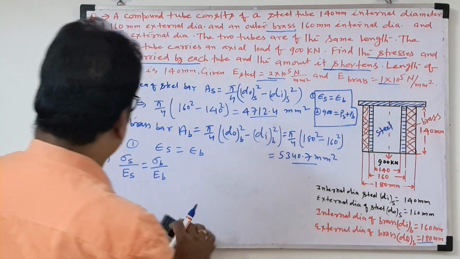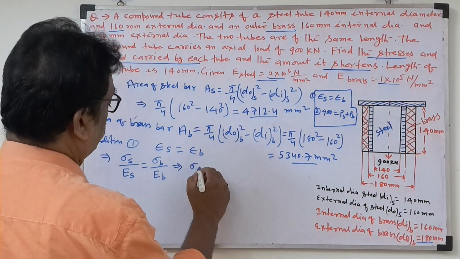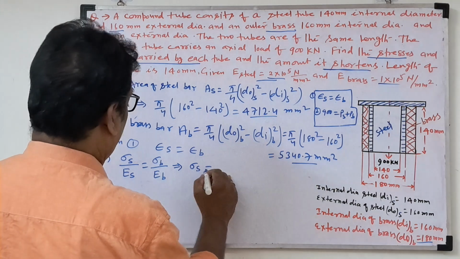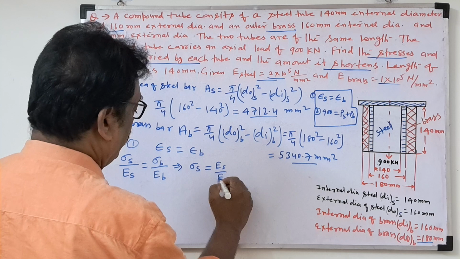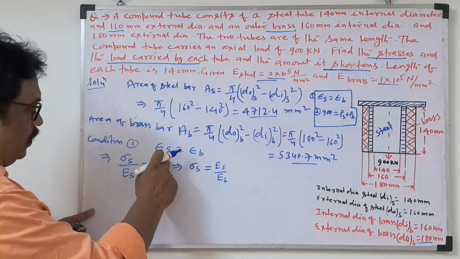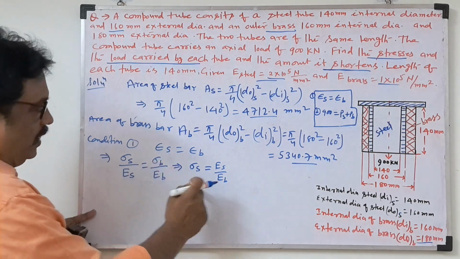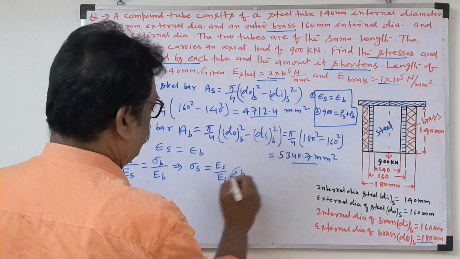Now we'll substitute the values to get a relation. The stress of the steel bar, which we don't know, equals ES by EB into the stress of the brass.